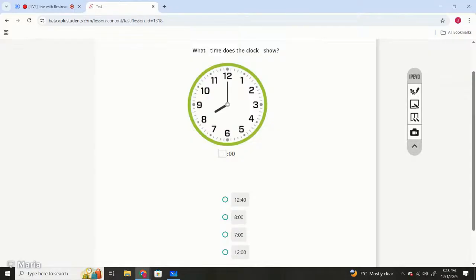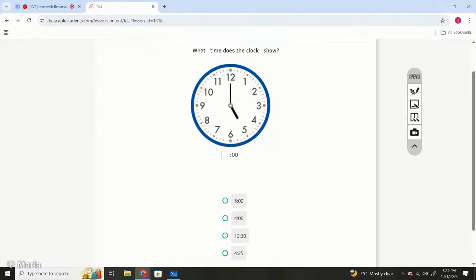Which is the correct option? That is 8 o'clock.